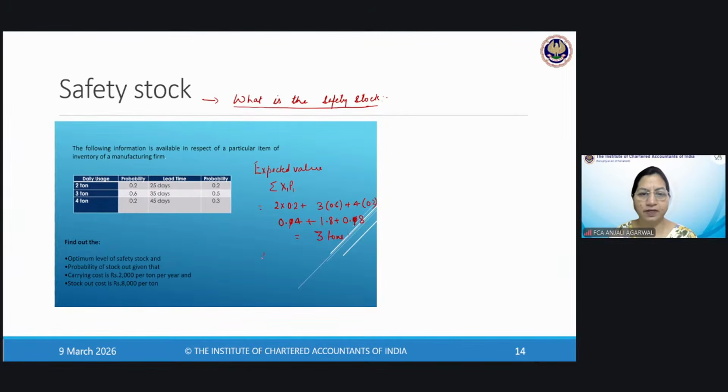Similarly for lead time, by chance it has come out to be exactly the same as the average here. 25 into 0.2 plus 35 into 0.5 plus 45 into 0.3. 5 plus 17.5 plus 13.5.